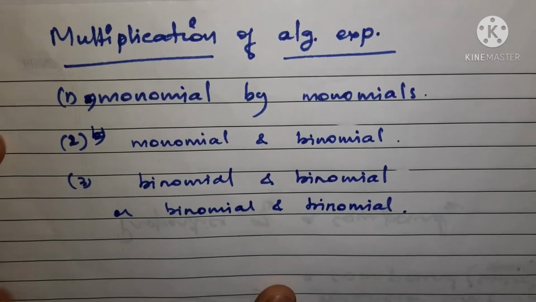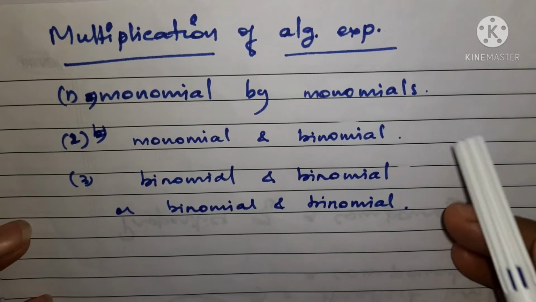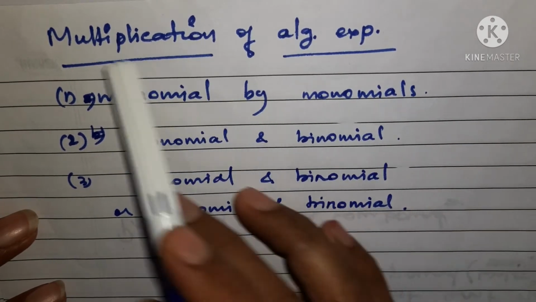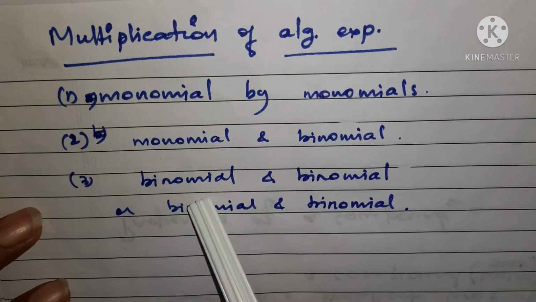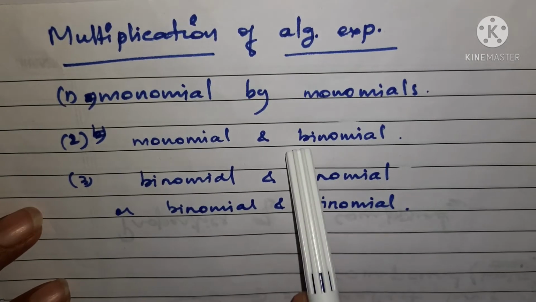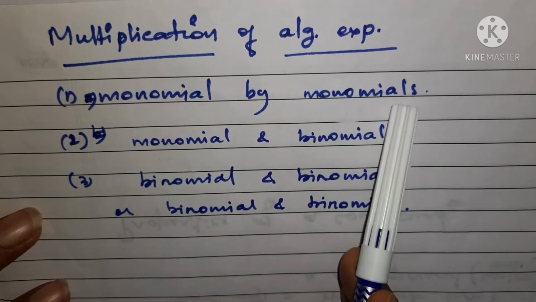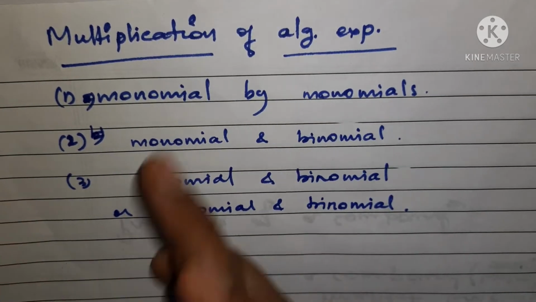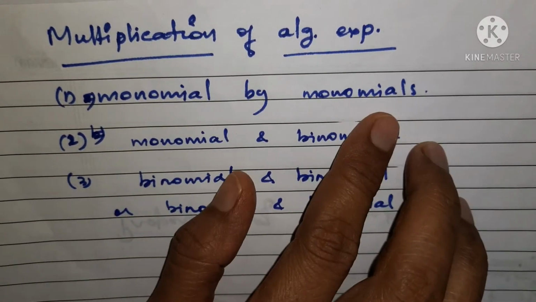Before starting with multiplication of monomials, let us try to understand in what other ways we are going to multiply algebraic expressions. In these three ways we can multiply algebraic expressions, like monomial by monomial. These are the cases where you can find that a monomial is to be multiplied with a monomial.